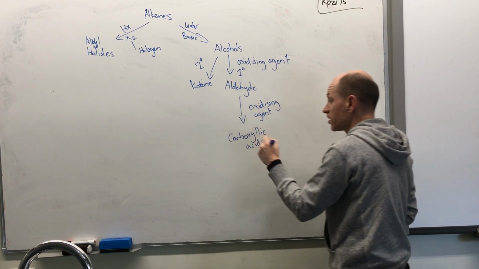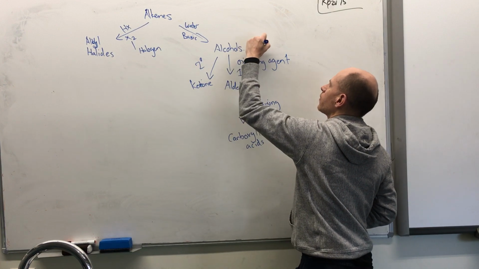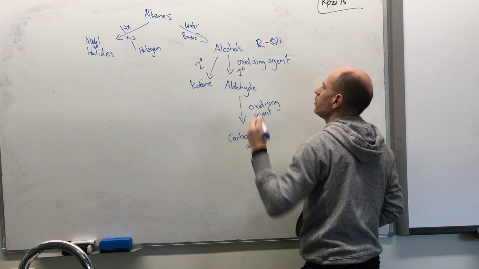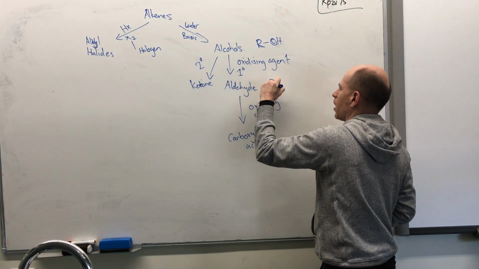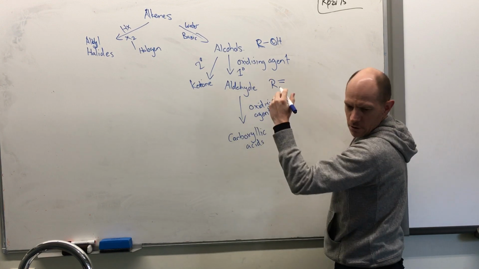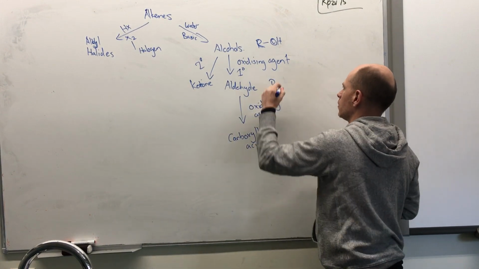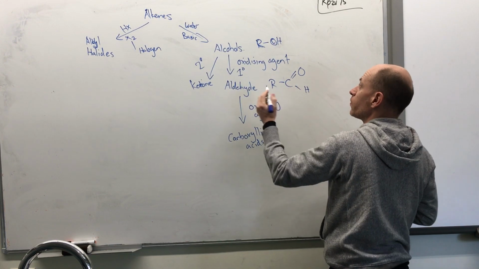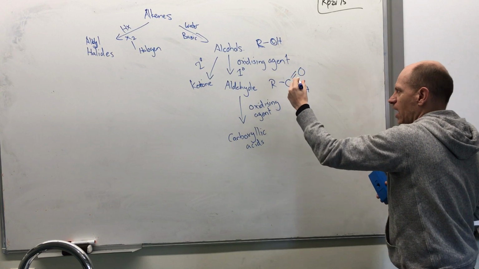And remember, the reason this can occur is because the alcohol has the formula R-OH. The aldehyde has R-C double bond O-H. So the first layer of oxidation is when that oxygen is added.